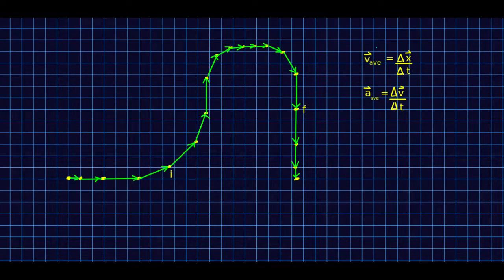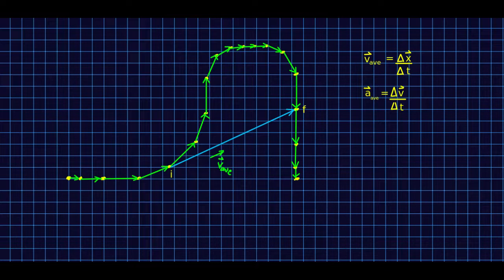Well, as usual, v_av is just going to be a displacement over the time interval, which is just going to give us some other vector in the same direction as the displacement. So remember that the size I'm drawing this vector is not really very important, but the direction is. It's in that direction.